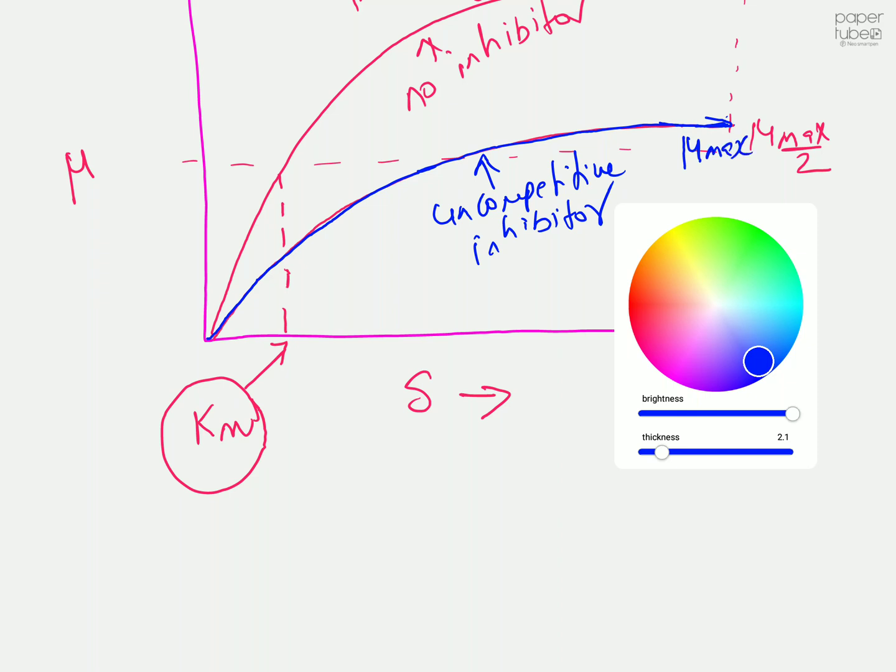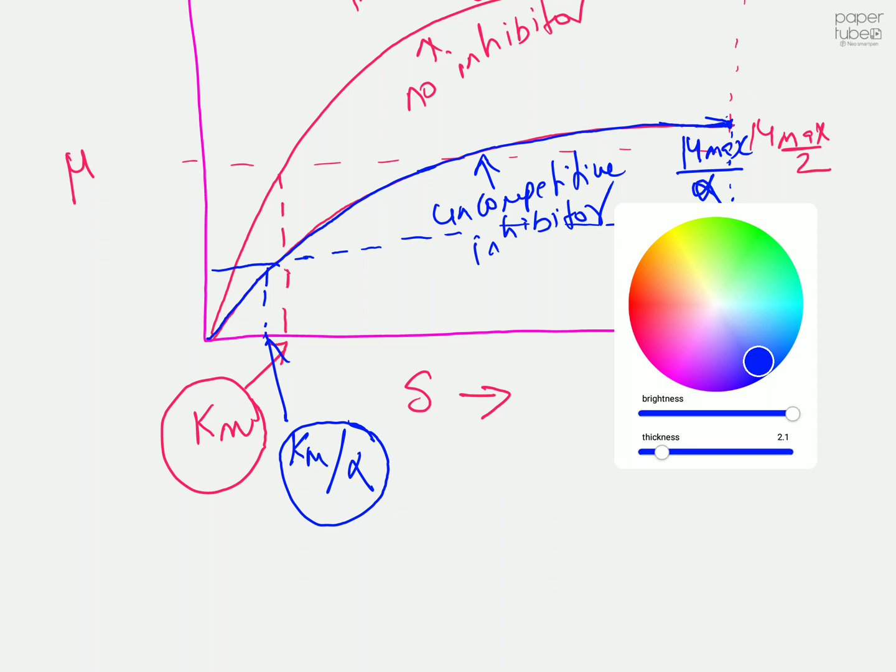This value will be equal to mu max by alpha, and then exactly half of that, mu max by alpha by 2. If you draw a line here, your Km value will also decrease, and that Km value will be equal to Km by alpha.